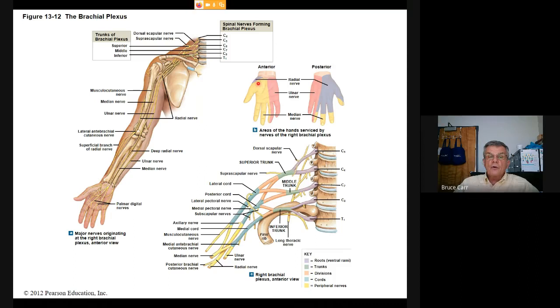And the radial nerve has just a little bit at the base of the thumb on the anterior side, but a great big part of digits 1 through 4.5 and the back of the hand. So this kind of mapping is somewhat useful.